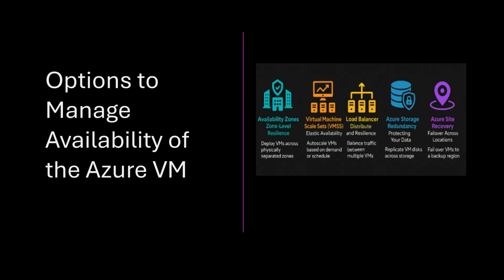When this happens, Azure will try to migrate the VM to a healthy host, but this self-healing process may take a few minutes, leaving your app temporarily unavailable. To proactively address this, Azure offers a suite of availability and resilience features that let you design for high uptime and low impact. Let's unpack them.